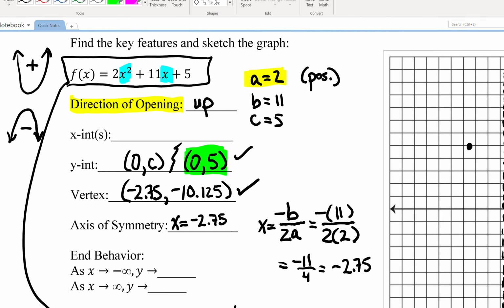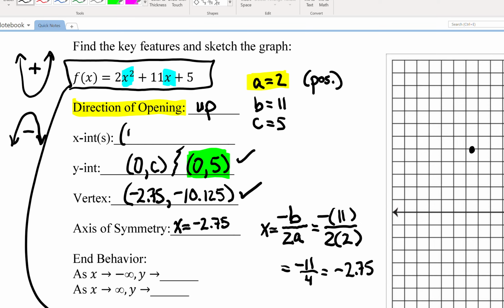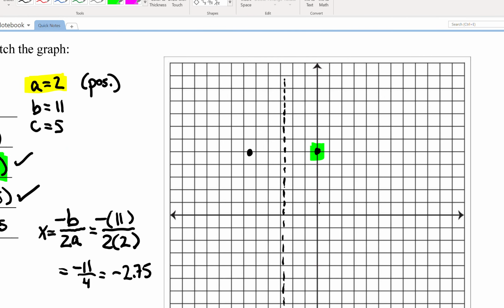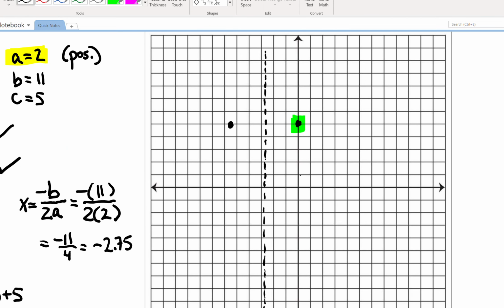And so now I can plug those into my x-intercepts. Negative 0.5, comma 0. They're points, so make sure you write them as an ordered pair in parentheses. Negative 0.5, comma 0, and negative 5, comma 0. And then I can graph those. Remember, they're on the x-axis.